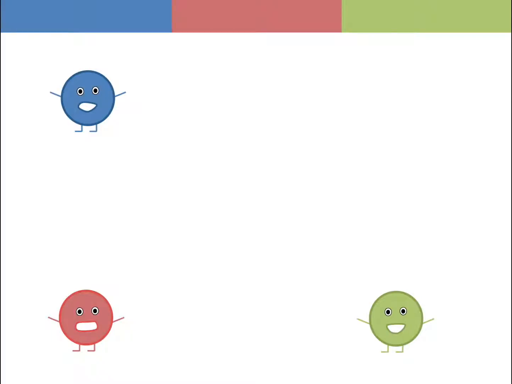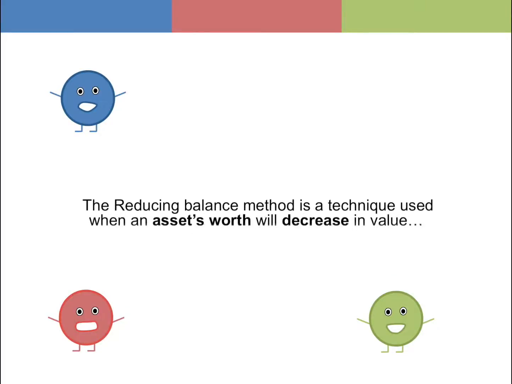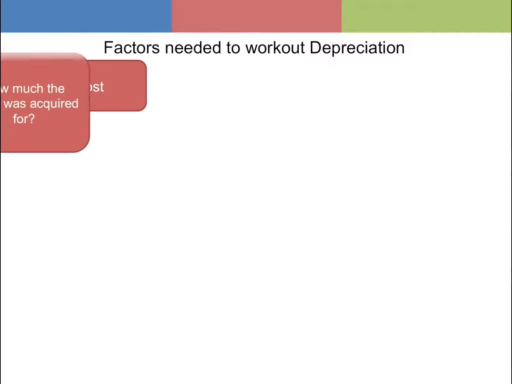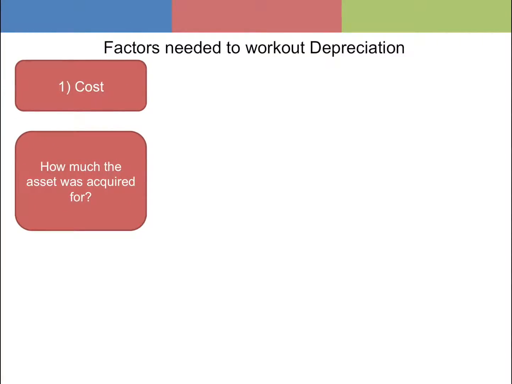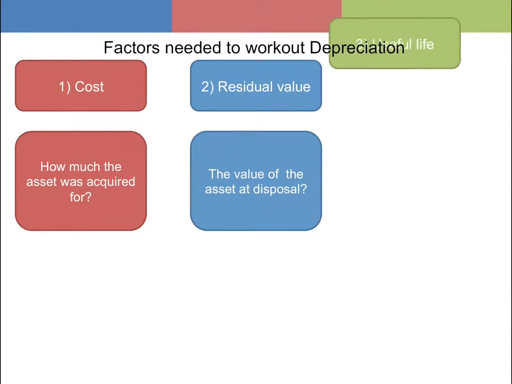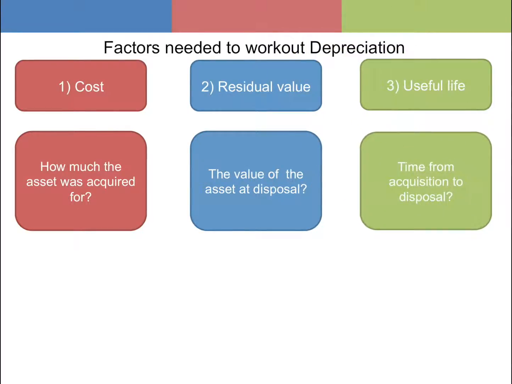The reducing balance method of depreciation is a technique used when an asset's worth will decrease in value by different amounts each year. In order to find out how much the asset is going to be depreciated by each year, the following factors need to be identified: the cost, the residual value, the useful life, and finally, the net book value.